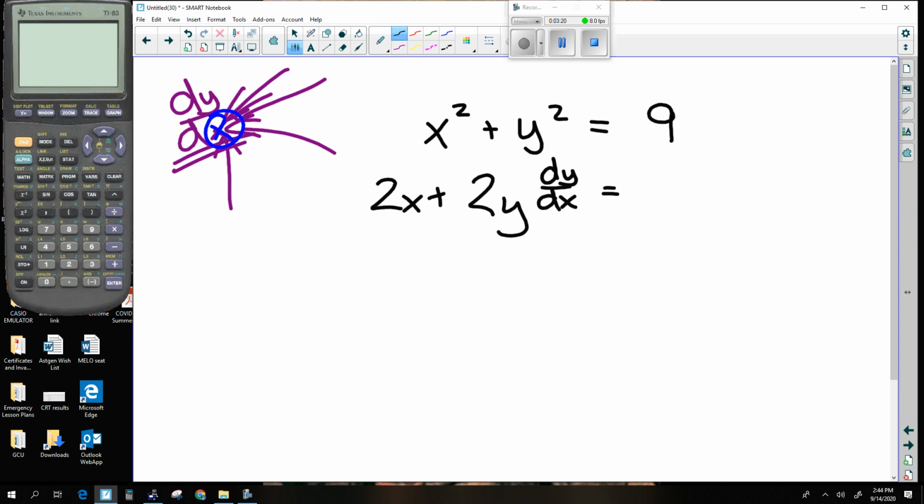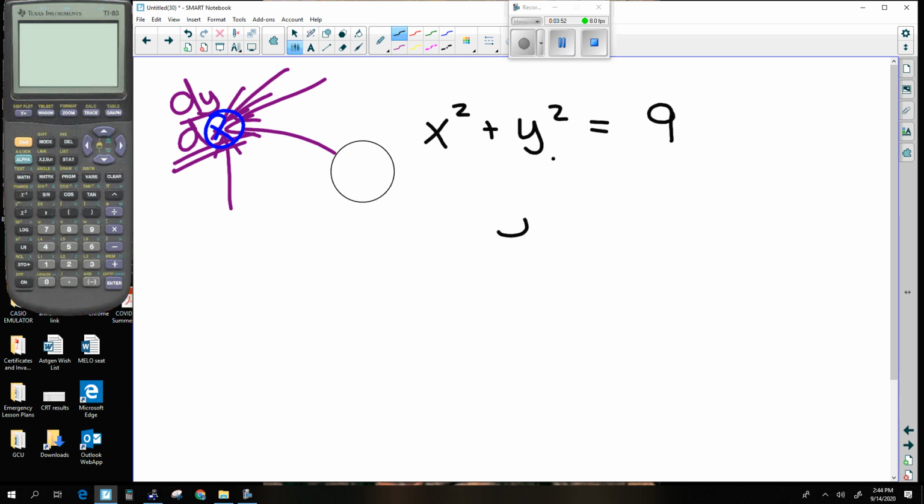If you take that derivative right then and there, you attach this dy dx label to it. And again, the derivative of 9 is 0. So that gets the ball rolling with implicit differentiation. If you ever take a derivative and it's not the letter that's in question, all you do is add this dy dx kind of thing to it.